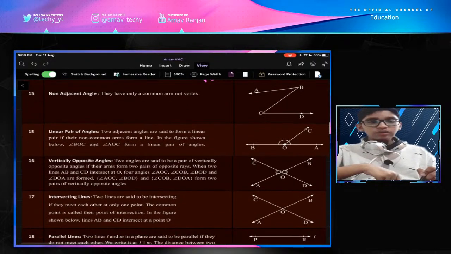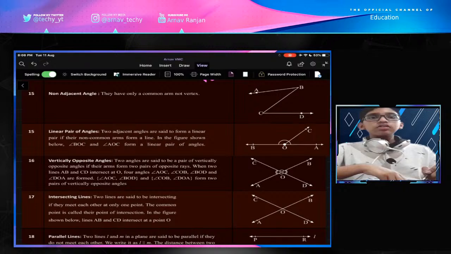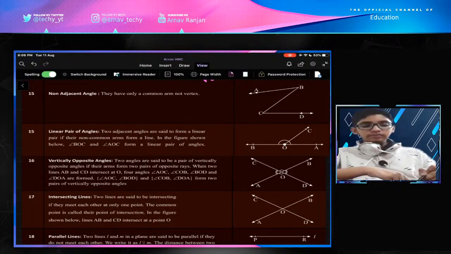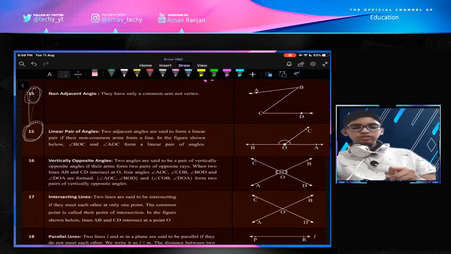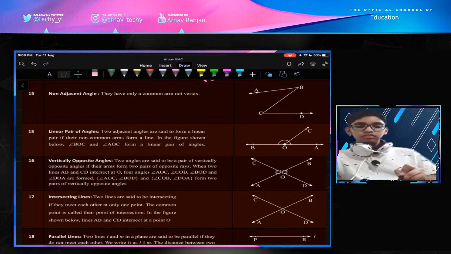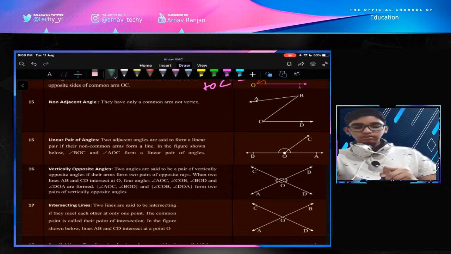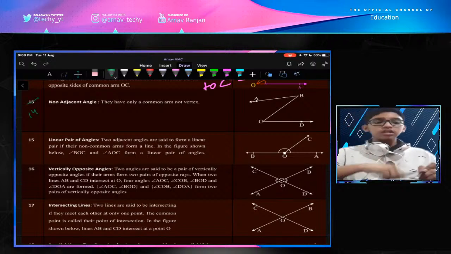Next we'll talk about non-adjacent angles. There is an error here. This is 15 and this is also 15, so do not consider it as 15, let us consider it as 14. So I will cross it, this is 14.